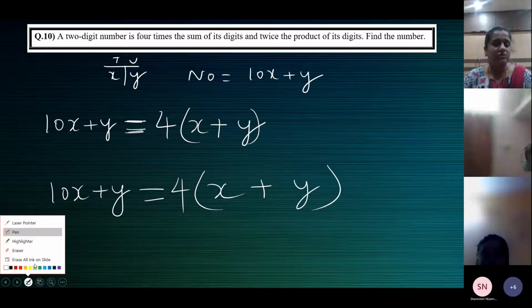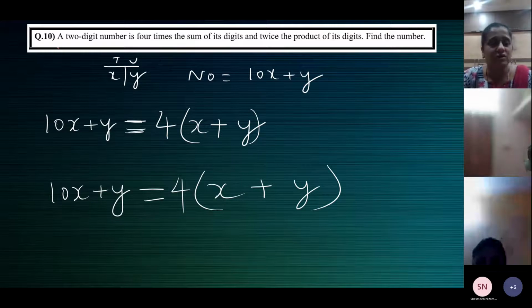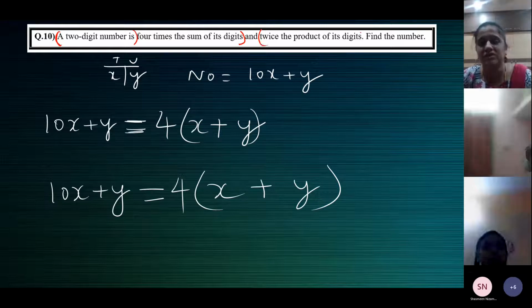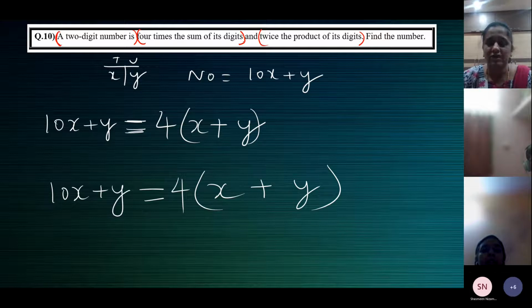It's a compound sentence. It's just given using that word "and". So read it like this. A two-digit number is 4 times the sum of its digits. And again read like this: a two-digit number is twice the product of its digits. That's one piece of information, and the other is that a two-digit number is twice the product of its digits.